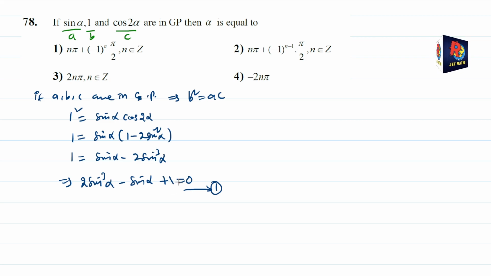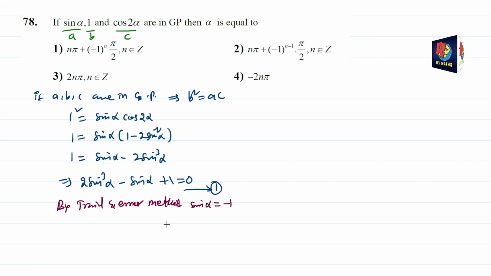Again, by trial and error method, sin alpha equals minus 1 is satisfied if I take it.